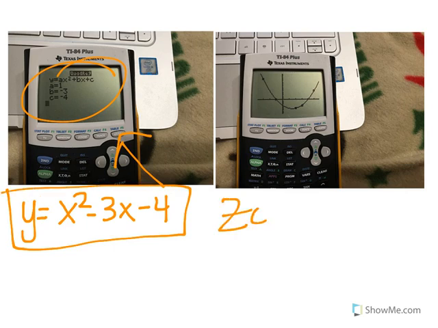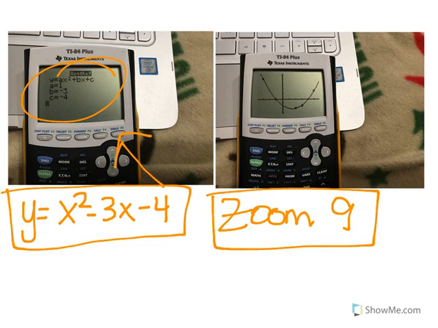And now, if you were to do zoom 9 again, so it would graph it, you can see that that line gives you the best fit line on those points that we just put in the calculator. I do not believe that equation is an exact equation for those points. It's just the best fit equation, and we used regression to figure it out.